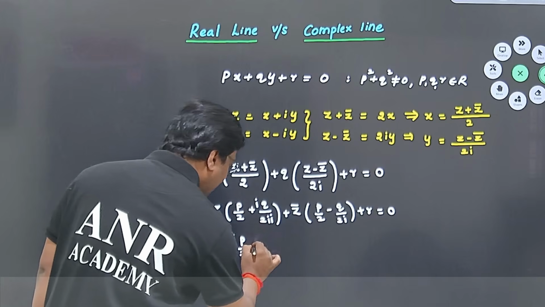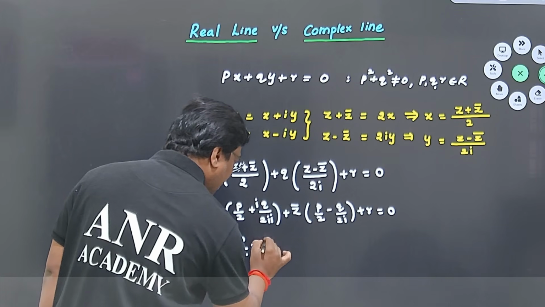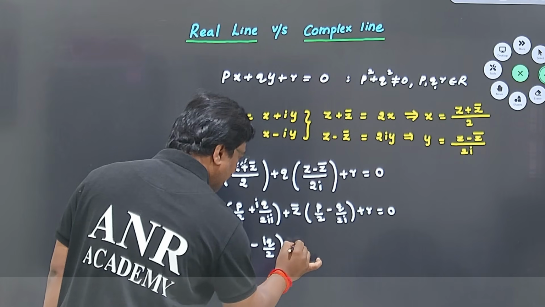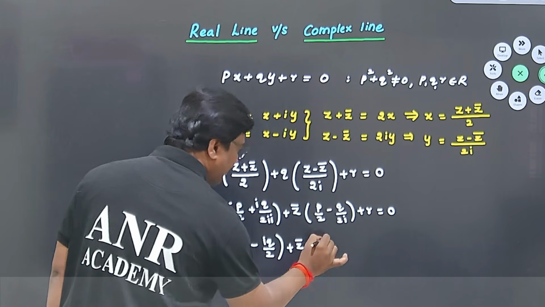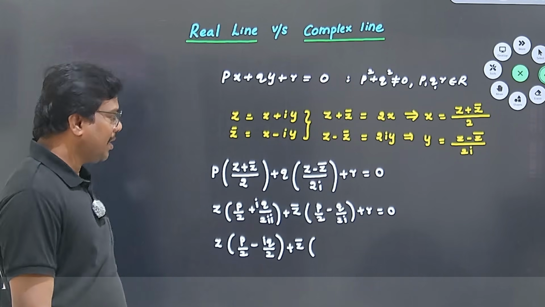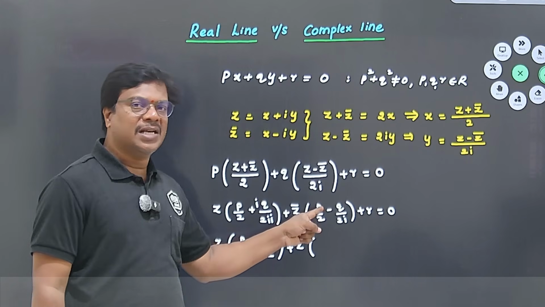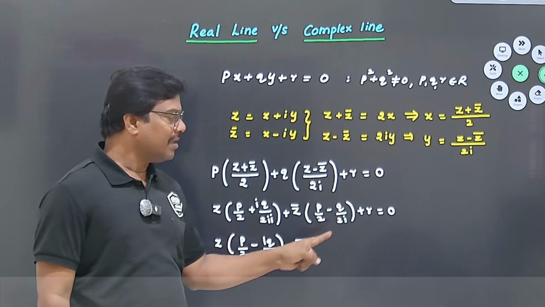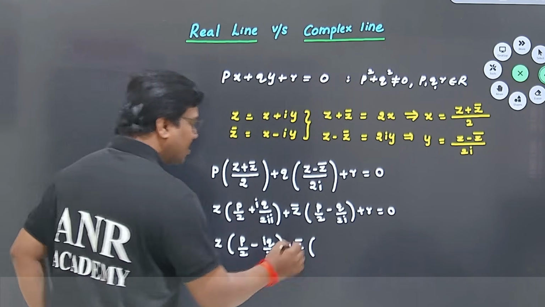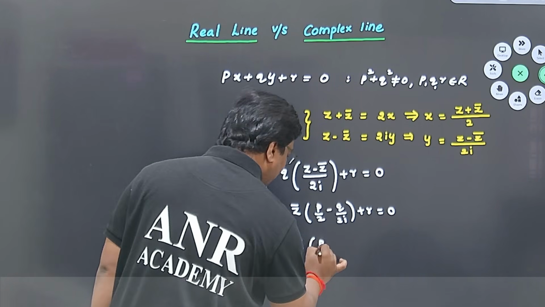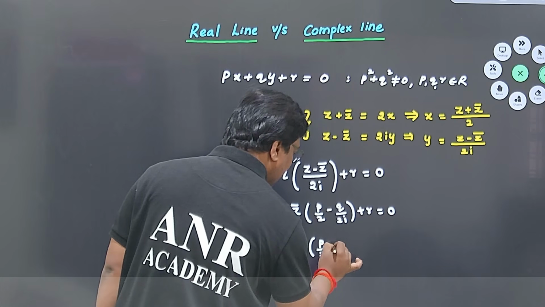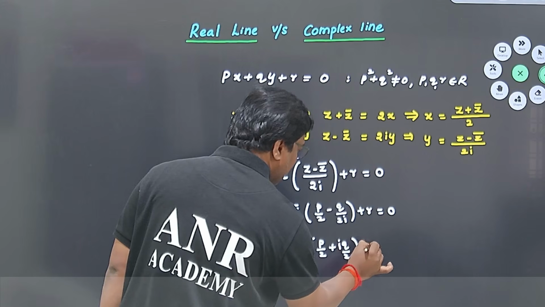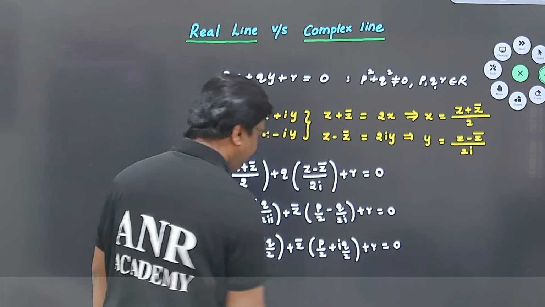So you can write minus iota q divided by 2. Next, plus z conjugate. Here negative unity is written as iota square, and iota square divided by iota is simply iota. So that we get p by 2 plus iota q by 2, plus r equal to 0.